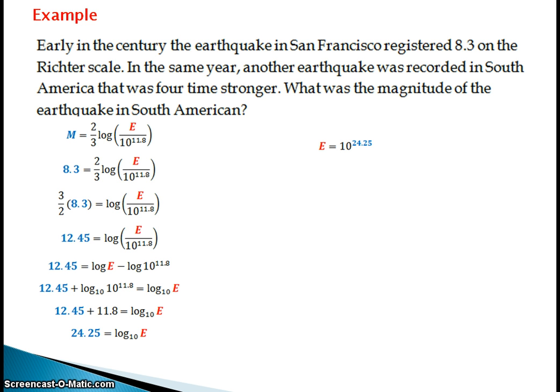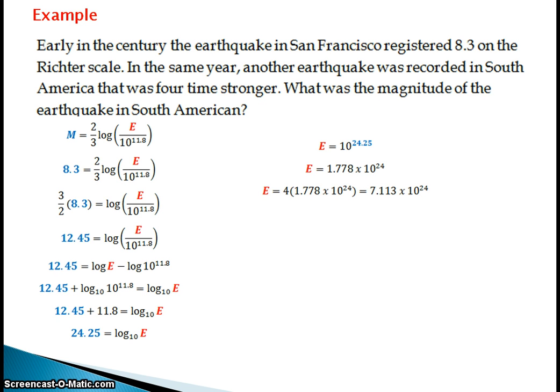From there we solve for E, and we will find out that E is equal to 10 to the 24.25 power. Now, how did I find that? I took the inverse of this expression. E is equal to 10 to the 24.25 power. Now that I know that, I'm going to write it in scientific notation, which is 1.778 times 10 to the 24.